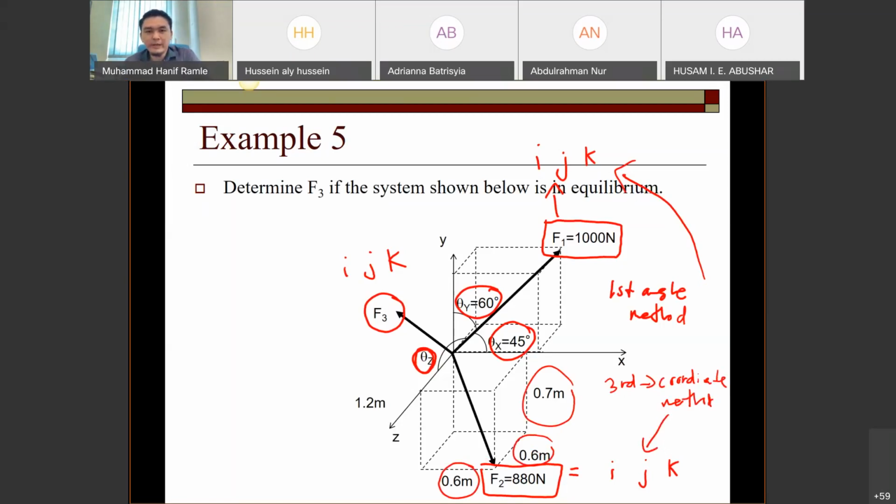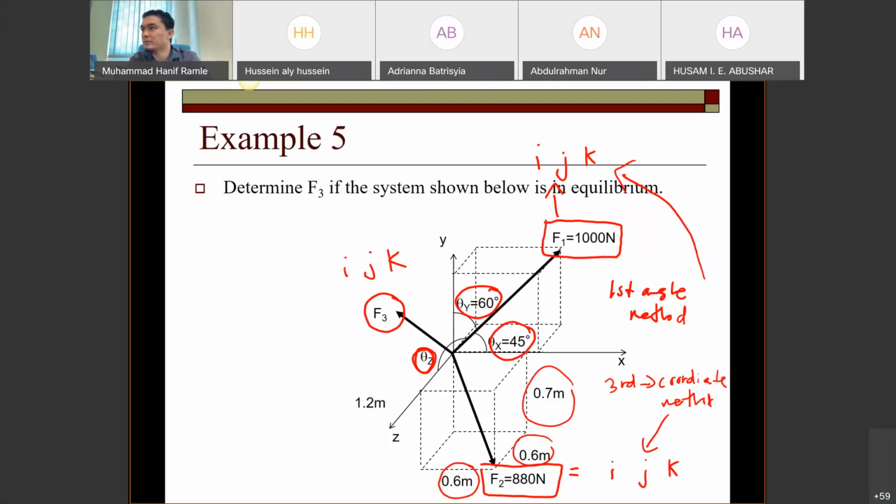Right. So can you calculate first for F1? I want to see the answer. You have to practice right now. What is the value of forces of the first one, in terms of IJK form? Do it now.